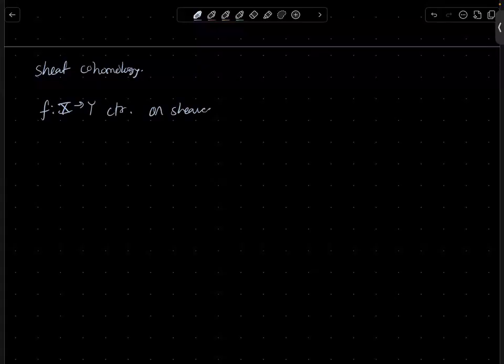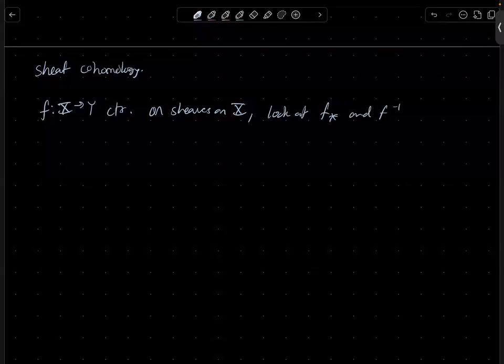On sheaves on X, I can look at the push forward and the pullback, and these form an adjoint pair. So f star is right adjoint to the pullback.